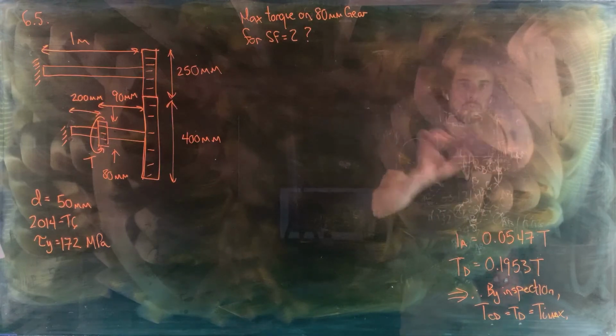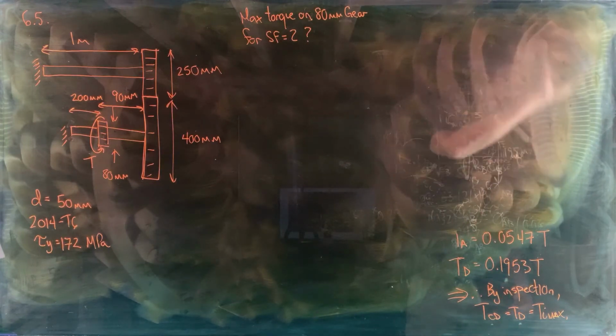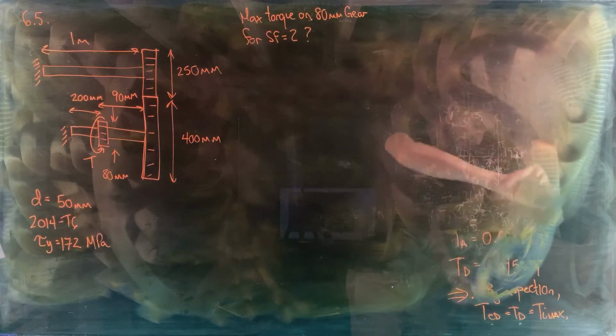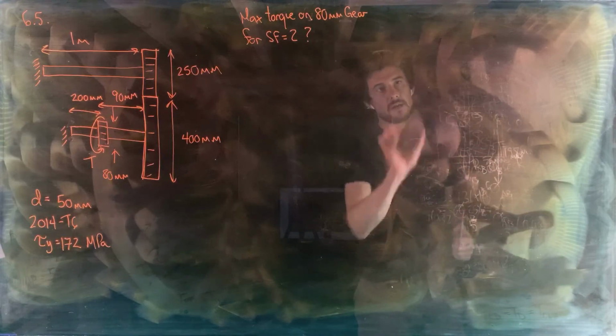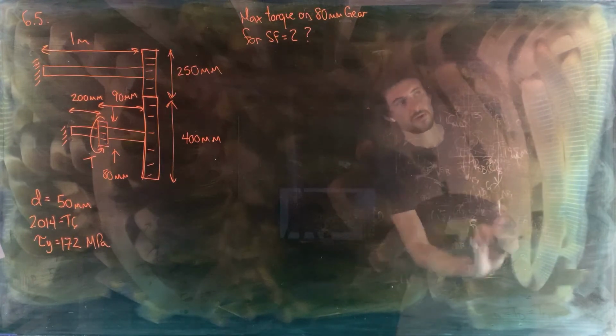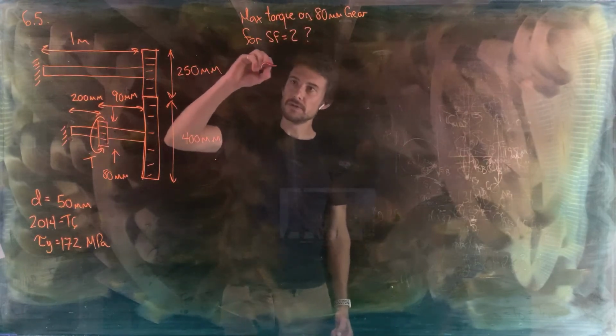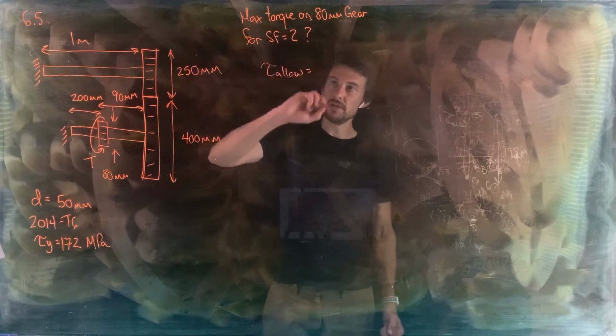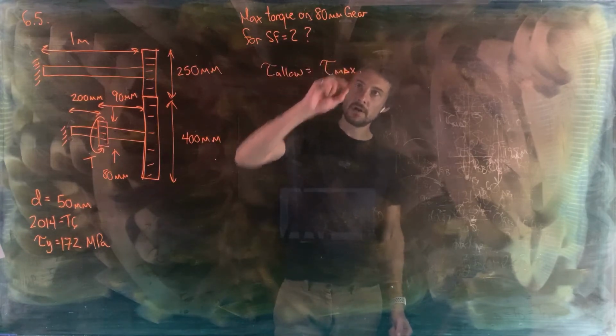We've got an allowable stress, the allowable stress being the yield stress divided by the safety factor, and we want to equate that to the maximum stress in the shafts, which will be a function of the torque applied to gear D. So the allowable stress will be equal to the maximum shear stress.